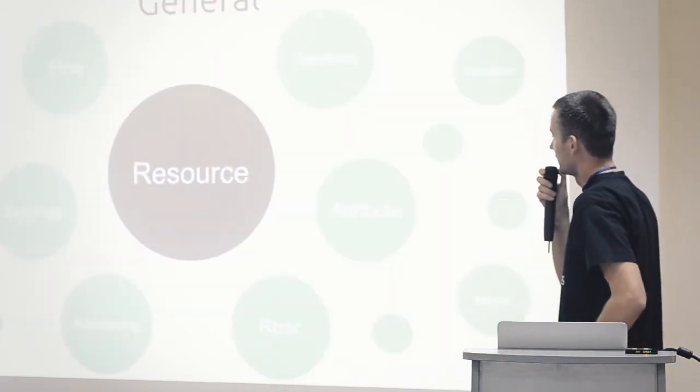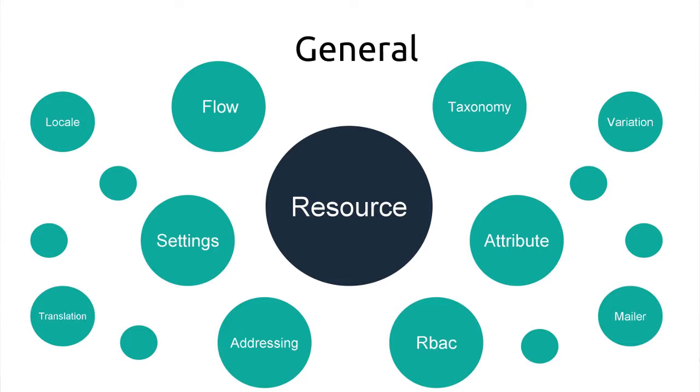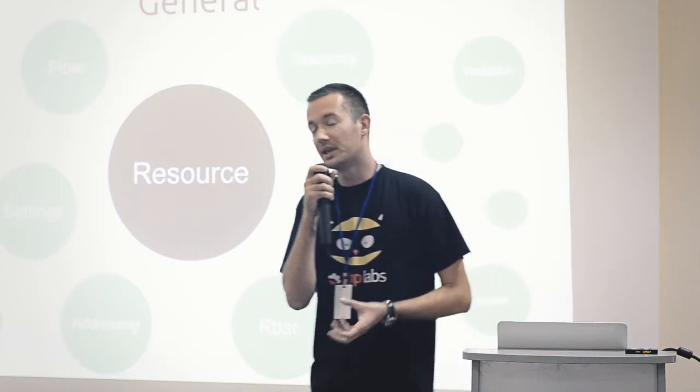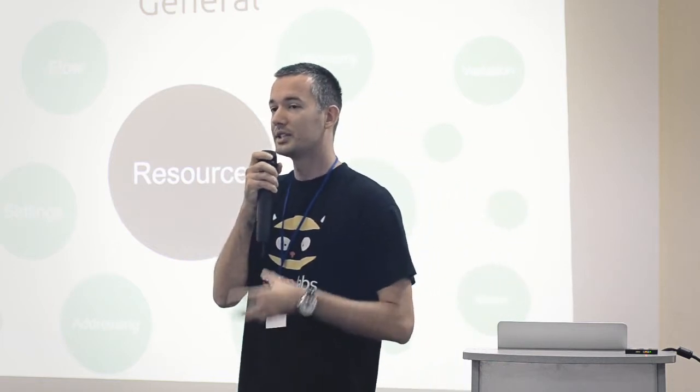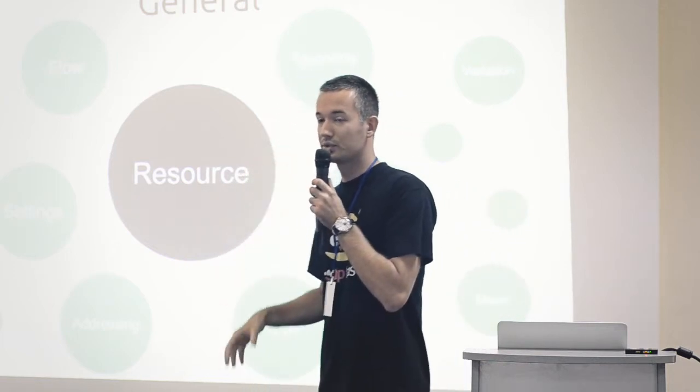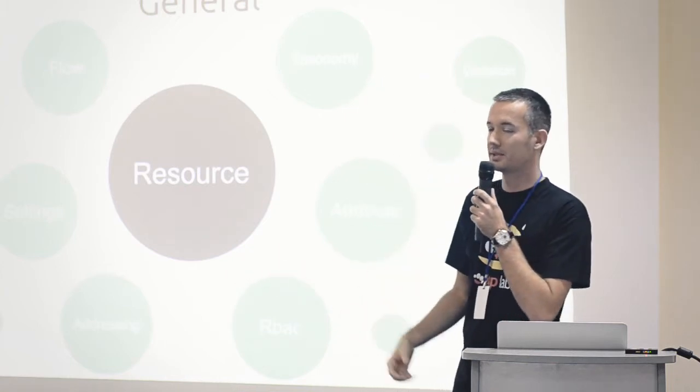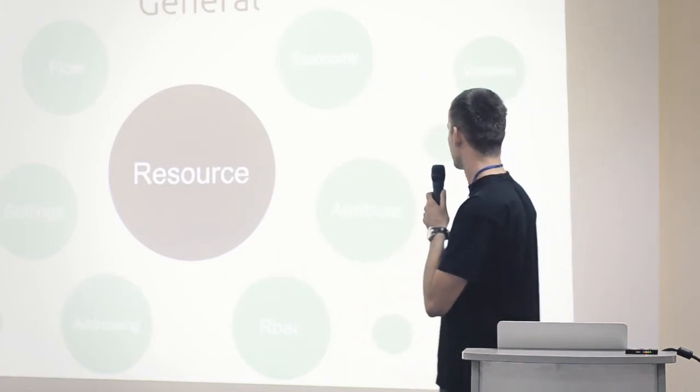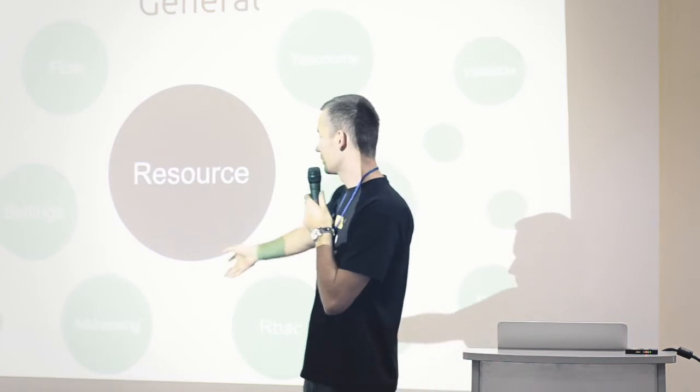Many people don't know, but Sylius is not just about e-commerce. There are a lot of components and bundles on top of them that solve some generic problems which are not really tied to e-commerce, for example, the addressing component.